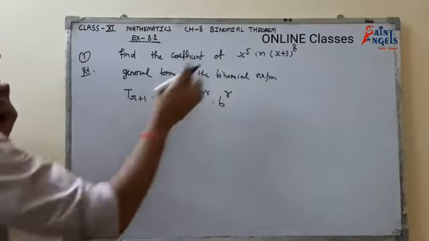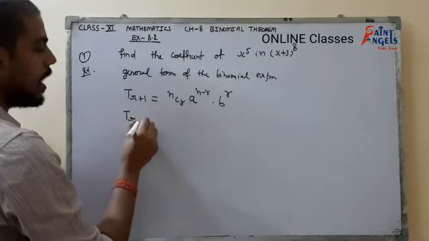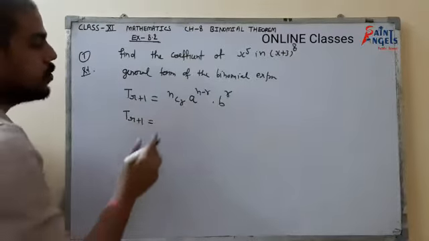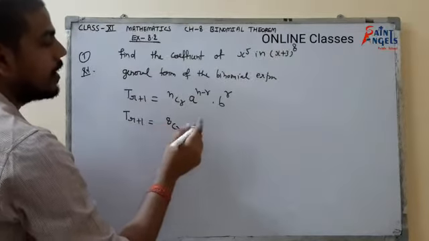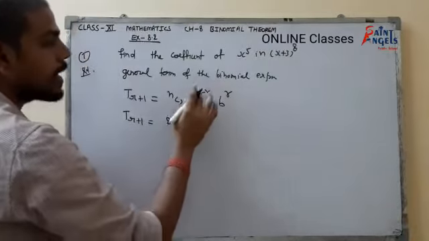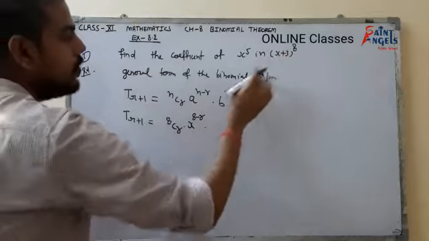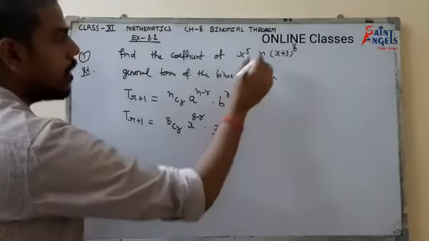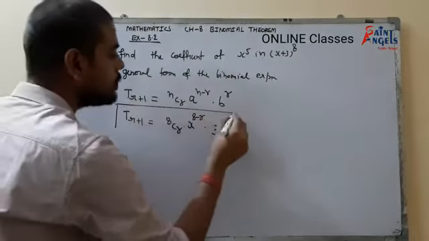Okay, but now for this expansion, T(r plus 1) would be equal to, here n is 8, 8Cr. At the place of a, we have x. So x to the power n minus r, it means 8 minus r, into, at the place of b we have 3 to the power r. Okay, so this is our general term.